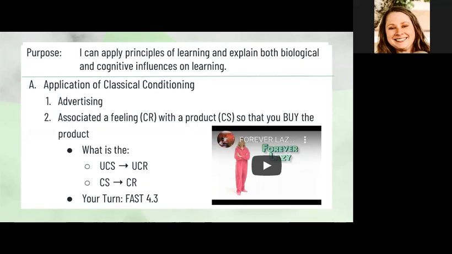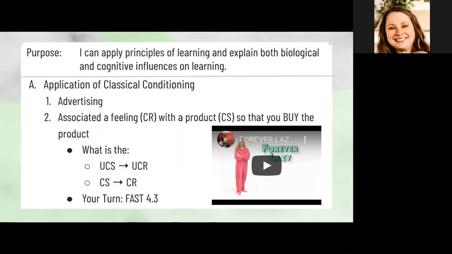Again, the response here is comfort. Why don't we open up FAFSA 4.3? We'll do this one together, and then I will give you work time to find your own advertisement. Go ahead and open up FAFSA 4.3 at this time. We will look at the Forever Lazy and how you do this with advertising.